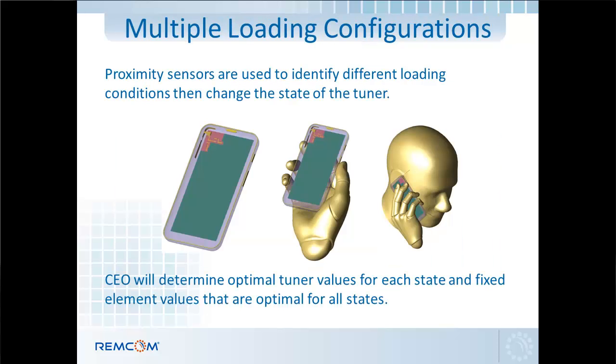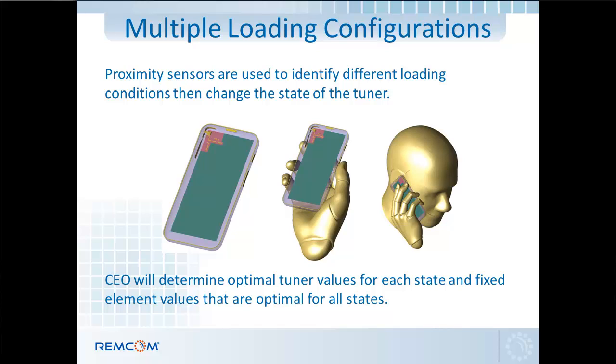And then finally is multiple loading configurations. Cell phones have proximity sensors built into it, and so the phone is able to determine whether or not it's in free space or in a hand or next to your head. And depending on those 3 different physical states, there's different loading on the antenna and therefore a different impedance that the matching network needs to match.